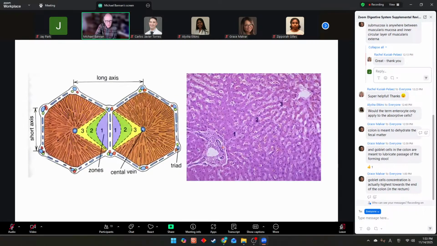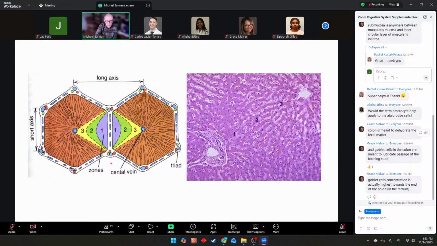This is another drawing of two adjacent classical hepatic lobules with the hepatic acinus drawn over those two. You can see this is a diamond-shaped structure. Two of the corners opposite each other are occupied by central veins, and two corners are occupied by portal triads.